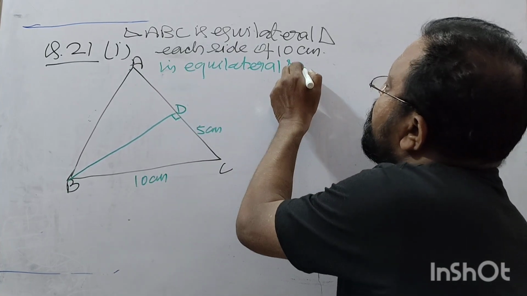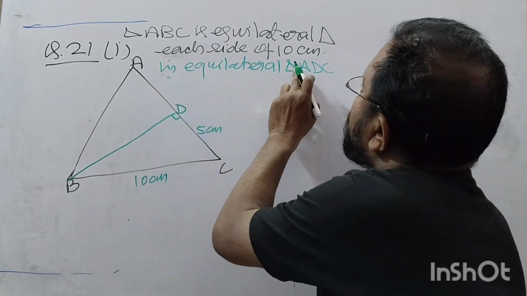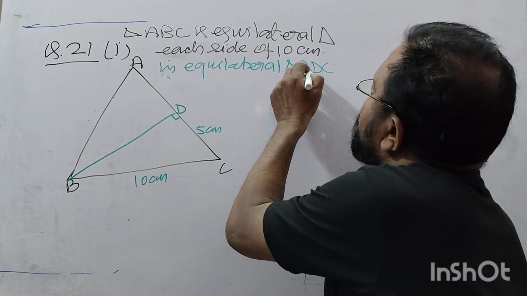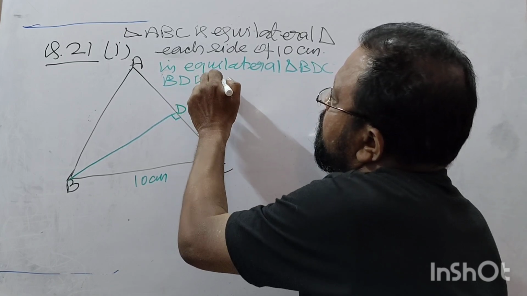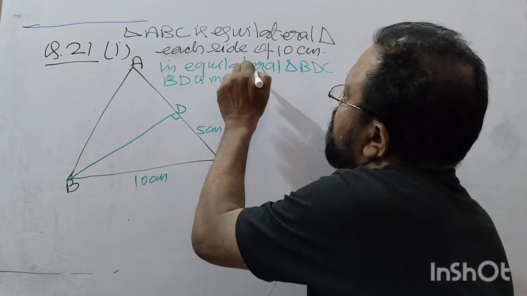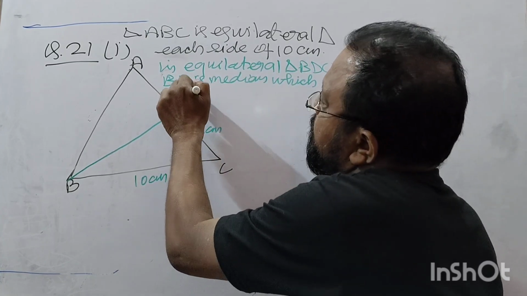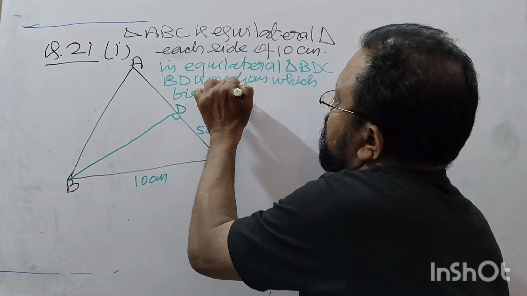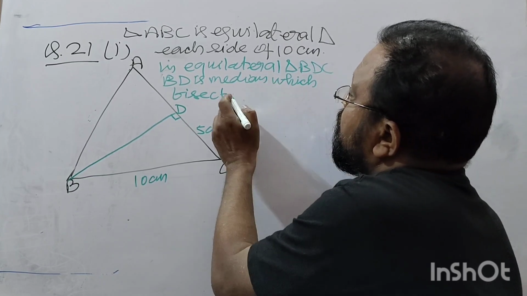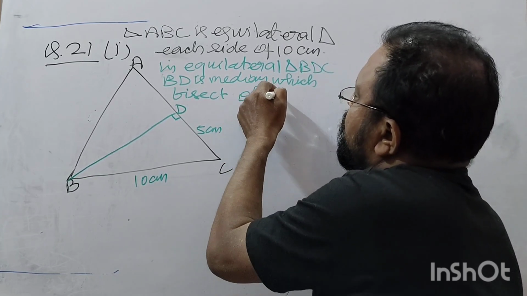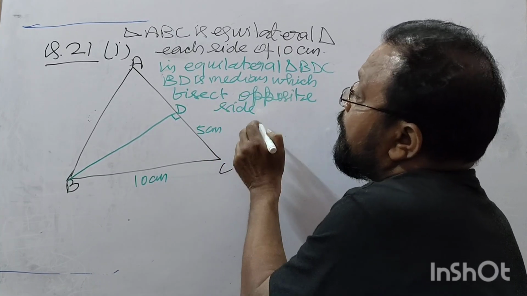In equilateral triangle, BD is median, which bisects opposite side AC.